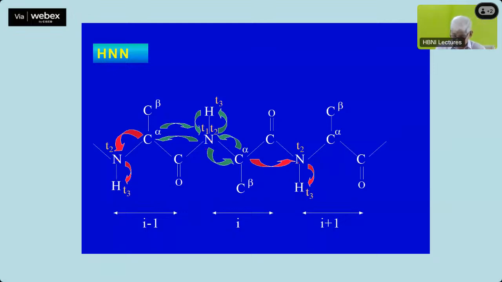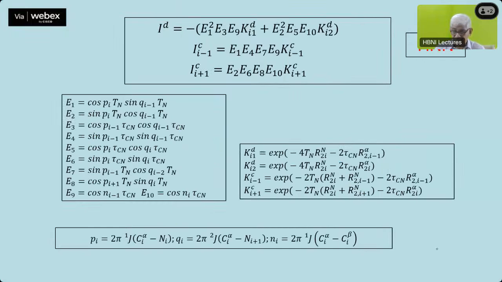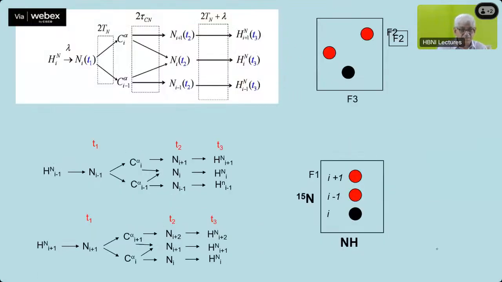What is the consequence of this? Let's see that here explicitly. The same thing I've explained to you in a little bit more clear manner. So you start from the amide proton, transfer to the nitrogen Ni, and you label the nitrogen as T1 there. From here you transfer to the C alpha I minus 1 and C alpha I. This is the constant time period which is there, that will appear in the equations.